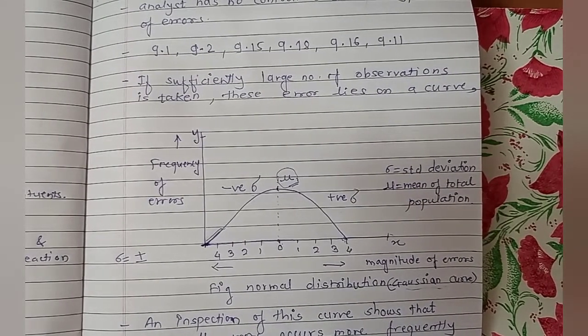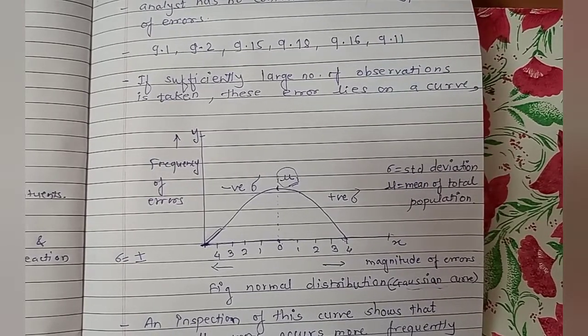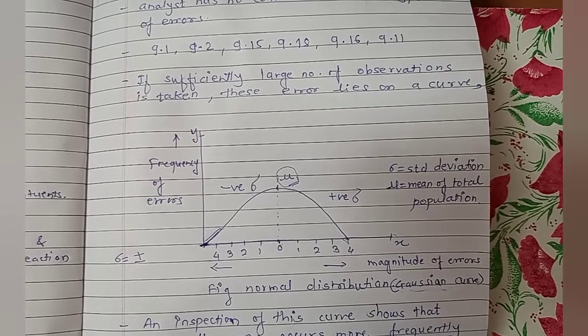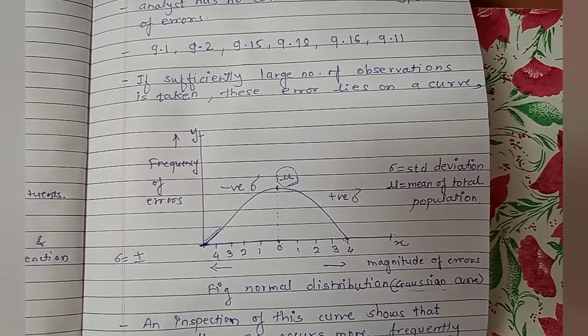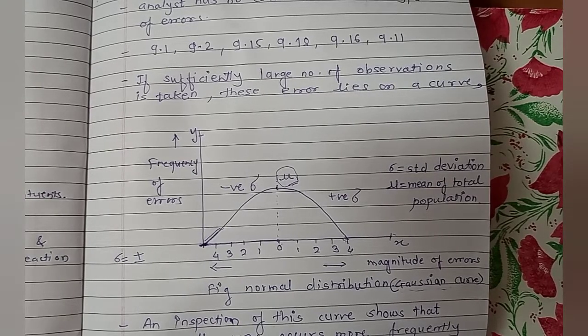Positive and negative errors of the same magnitude occur equally on both sides. This means random errors do not give accuracy but give precision.